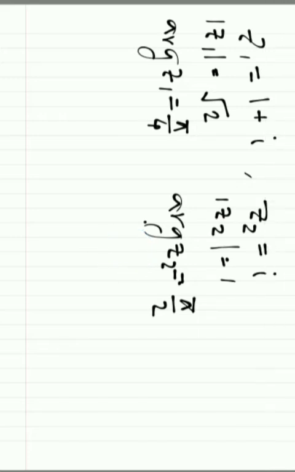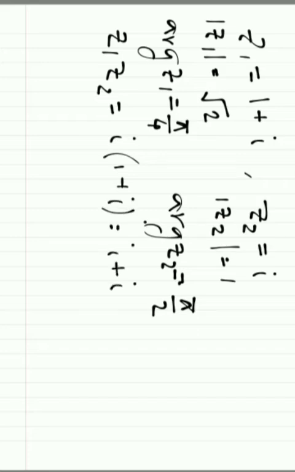So now we multiply z1 and z2. See, it is i into 1 plus i. That means i plus i square. That means minus 1 plus i.